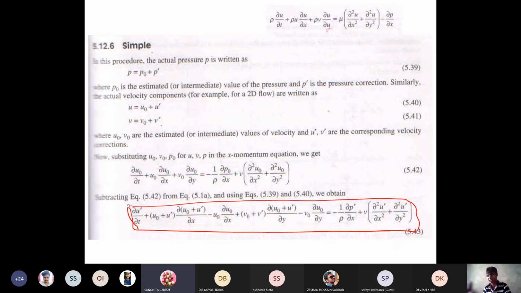That is a very small scale I am talking about. So if you have 1 lakh points, and for each pressure velocity correction you need to take 1 lakh points to solve, it will be a huge business. So your simulation will be very slow. Computationally, it will be very difficult.